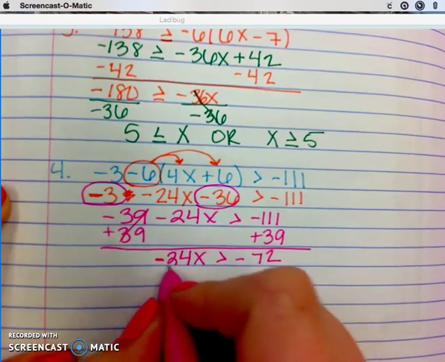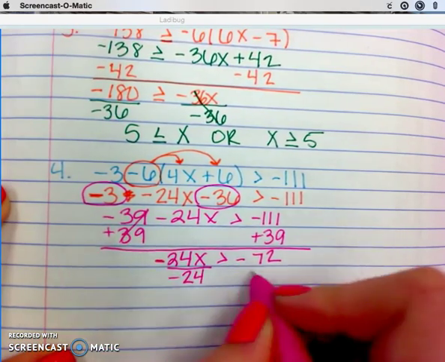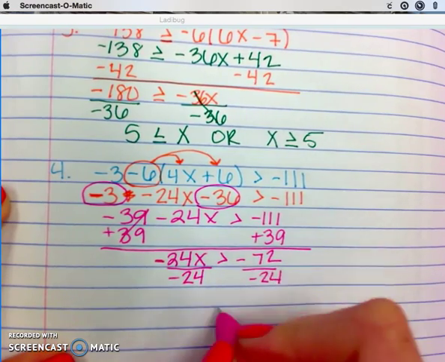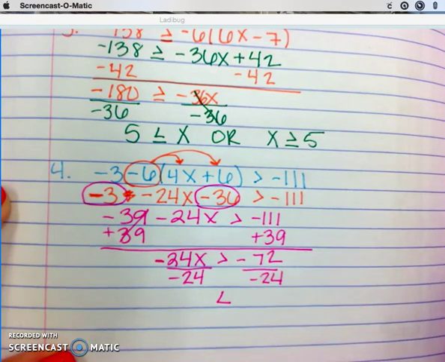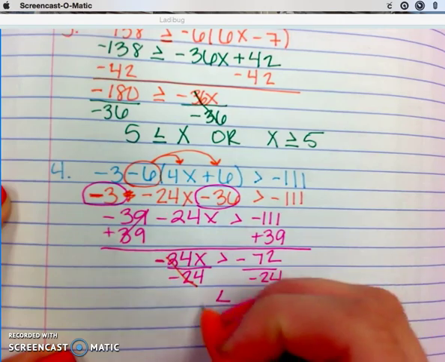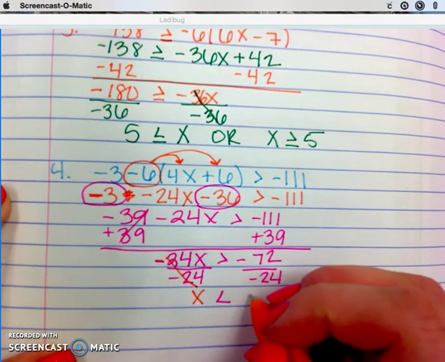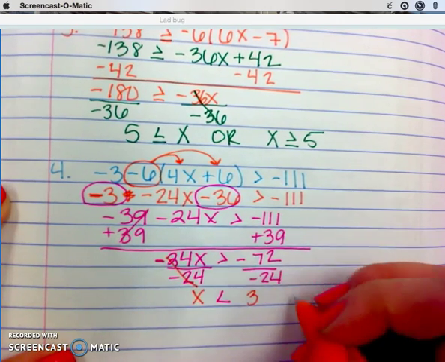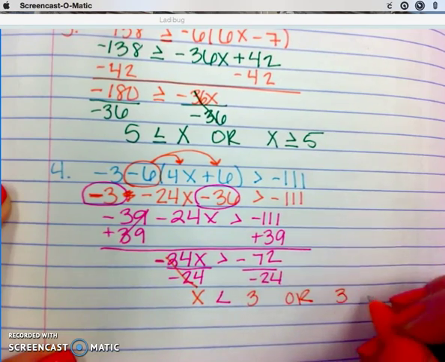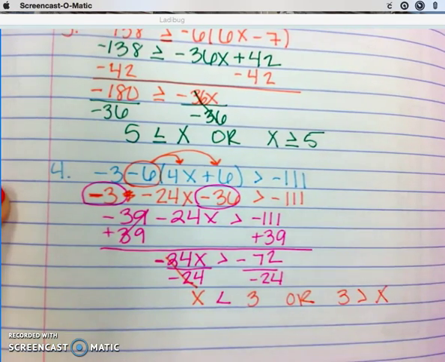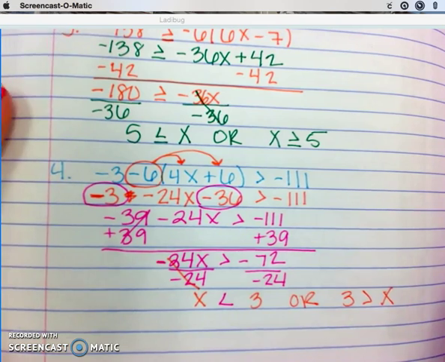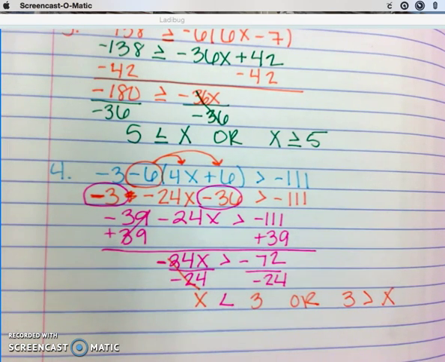And my last step is to divide by a negative 24. If I divide by a negative, I have to flip the sign. So I'm left with x is less than 3, or 3 is greater than x. And that will be all we'll do for multi-step inequalities.